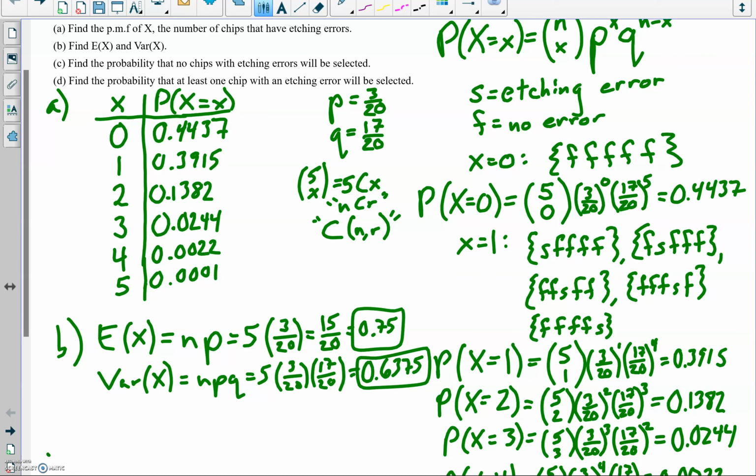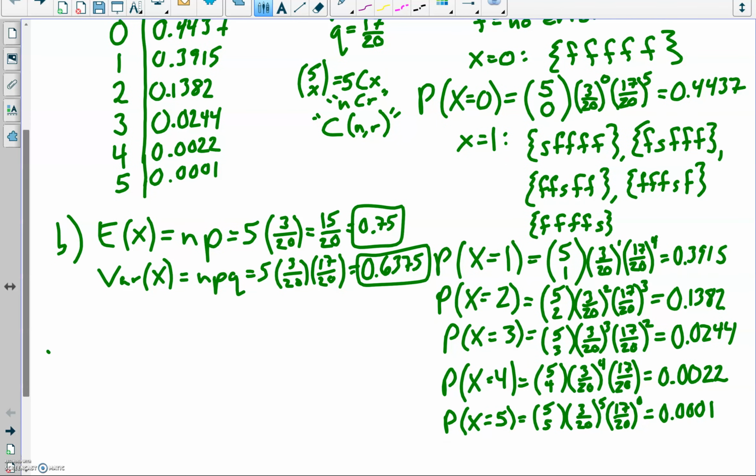And if you take the square root of that, that would be your standard deviation, or the average amount of difference, if you did this many times, between the mean and all the different values that you might see in your random set of trials, selecting 5 over and over again.